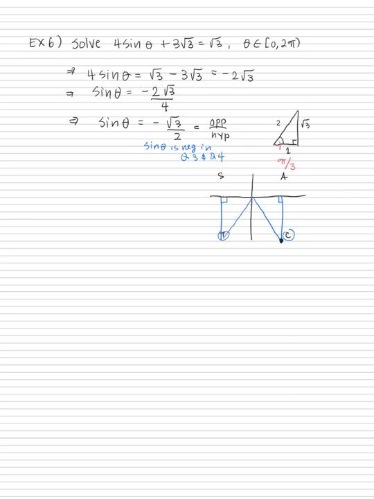Okay, so this is going to be the point that we're talking about, and the angle from here to here is negative pi over 3, and from here to here is also negative pi over 3. That's how much we're revolving.